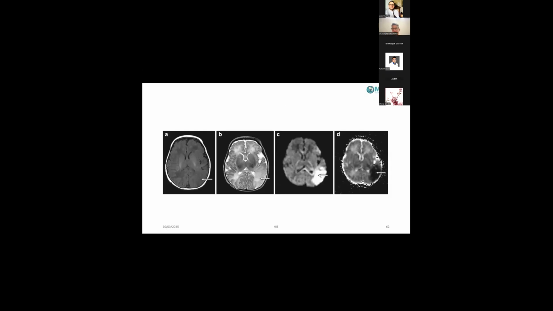So this is the price question. Anyone? In T1 you can't see much, but in the diffusion image you can see the infarct. It's brightening up like anything.